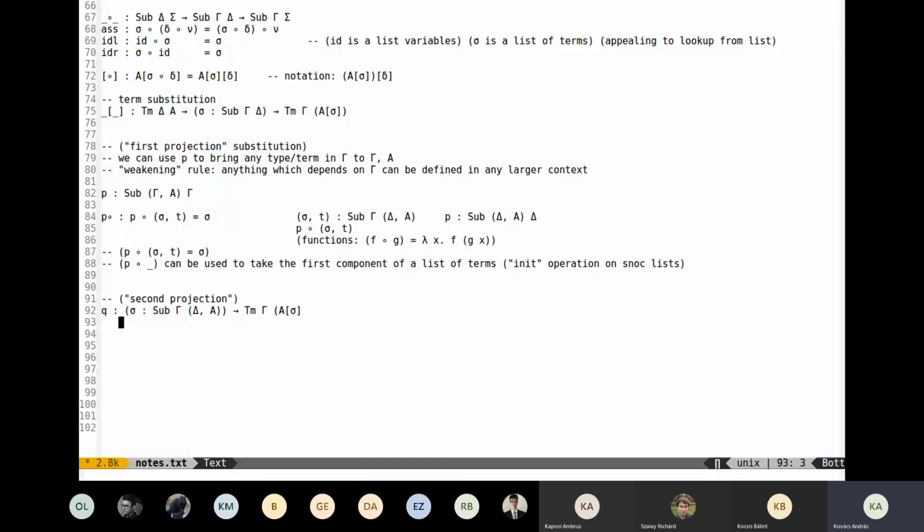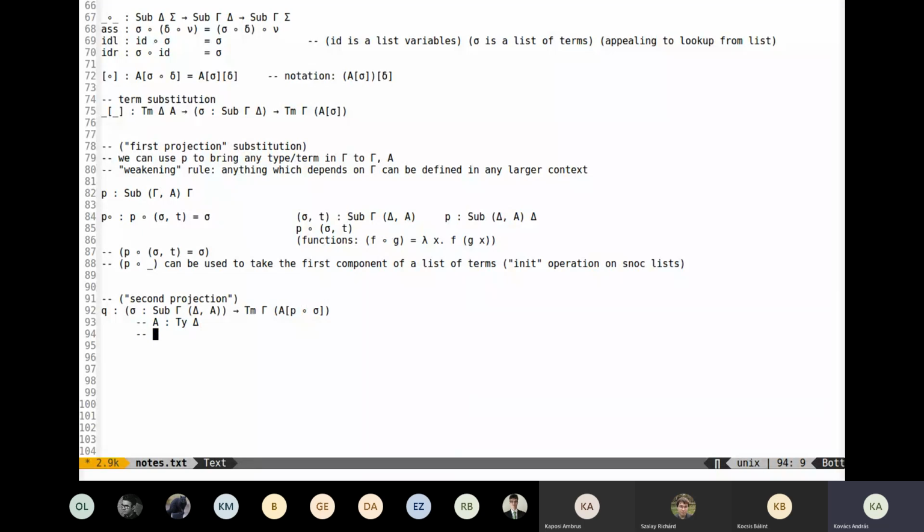So A sigma is a type. A is a type in delta, and then A sigma is not correct. So how should this be? I think this should be A p sigma. Yeah, okay, I'm remembering it.